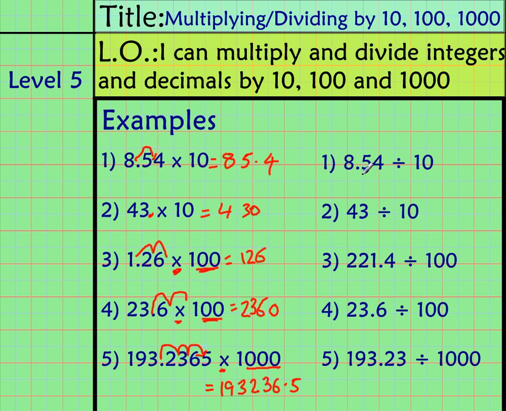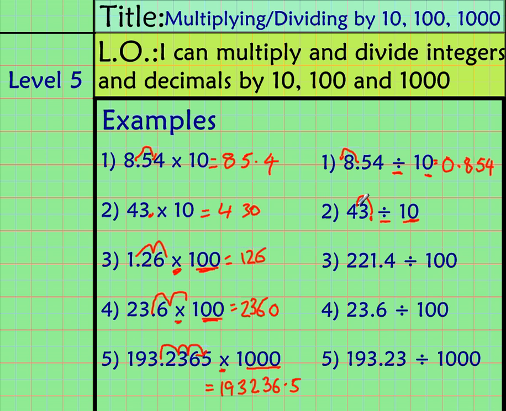And we'll just look at these division ones here. If I'm dividing by 10, this means to the left, 1 space. Move the decimal point 1 space to the left. So it's going to be 0.854. And here I'm dividing by 10, so to the left, 1 space. So here it was.